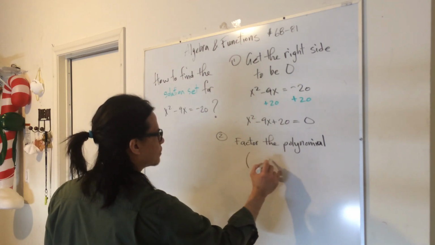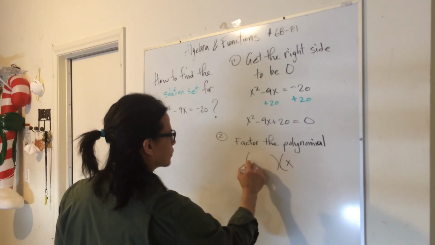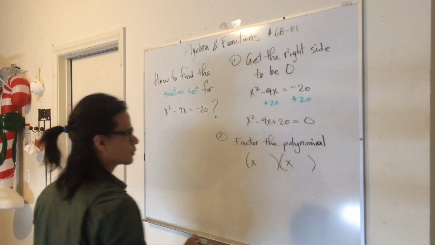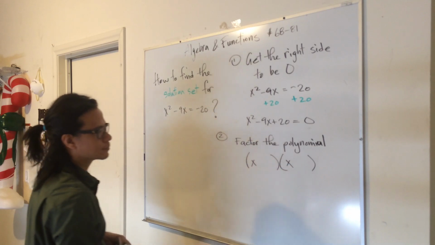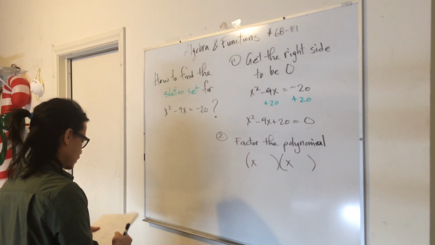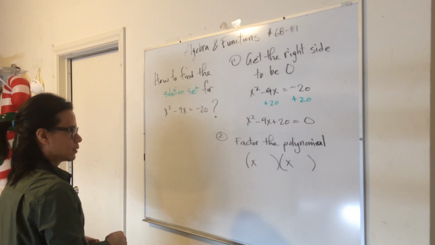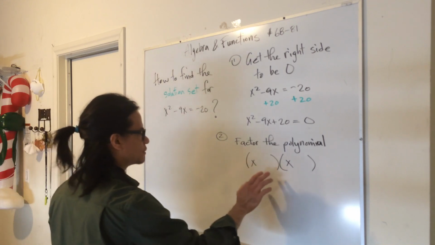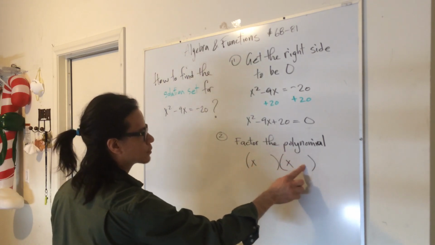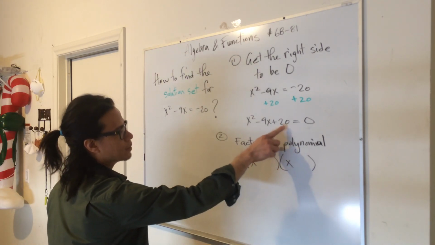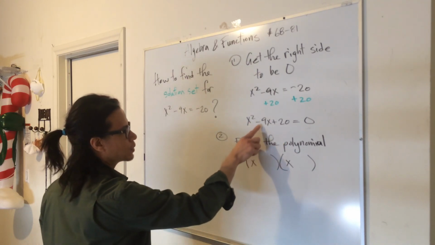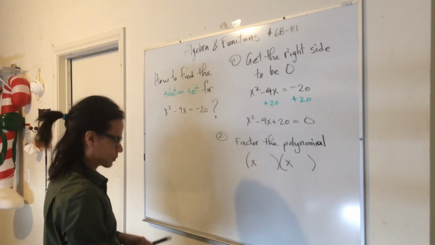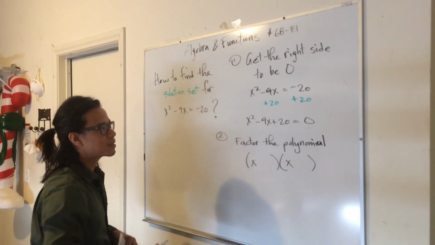Okay, so I'm going to set up my factors. X and x. I don't know the signs yet. We need to ask ourselves, what two numbers multiply to get positive 20 and then add to get negative 9? Not as easy as it sounds.